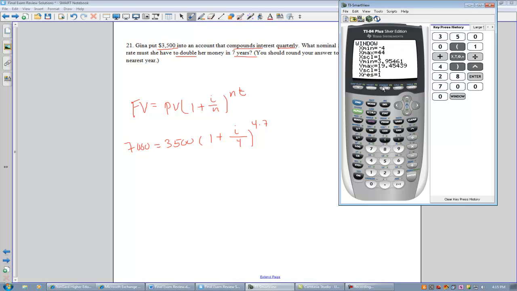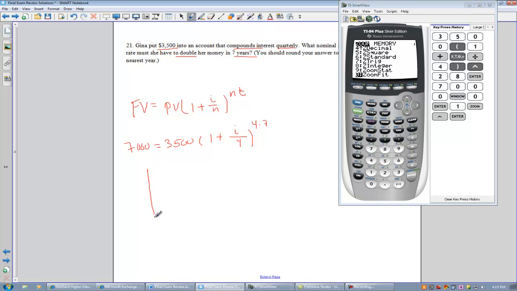Now for my window, I have to ask myself the question, what am I looking for? Well, I'm looking for I. And I is interest, and interest always lies between 0 and 1. And then I'll do zoom fit. And so I should get a graph. So I'll draw this 0 and 1. And that graph is actually, here's the formula on the right.